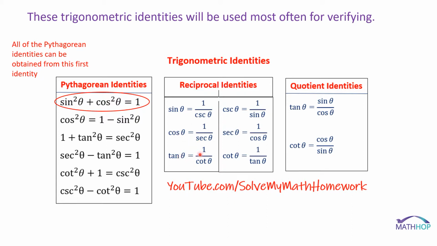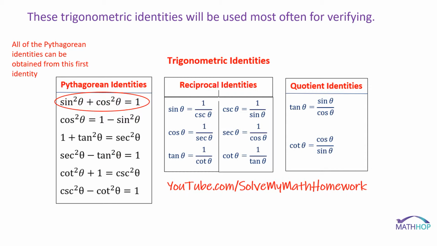And tangent, of course, is 1 over cotangent, but we really don't think of tangent as 1 over cotangent. It is much more helpful to think of tangent as sine over cosine, and therefore think of cotangent as cosine over sine. Remember when we were simplifying trig identities, it really helped to get everything in terms of sine and cosine. That's why these identities for tangent and cotangent are so much more helpful.